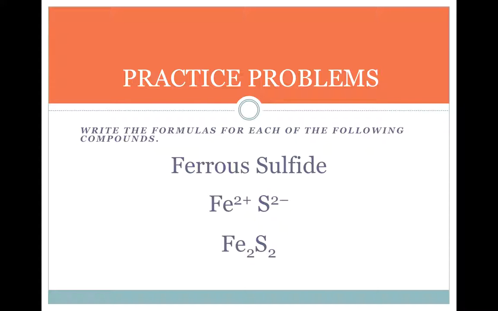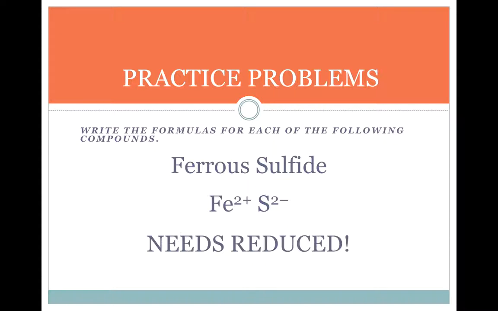Initially you get Fe2S2, but if you remember yesterday we discussed in an ionic compound we always simplify. So we have to simplify this formula. Both of these subscripts are divisible by 2, so that means that for our final answer we'll get FeS. For every one Fe plus 2, we need one sulfide ion.